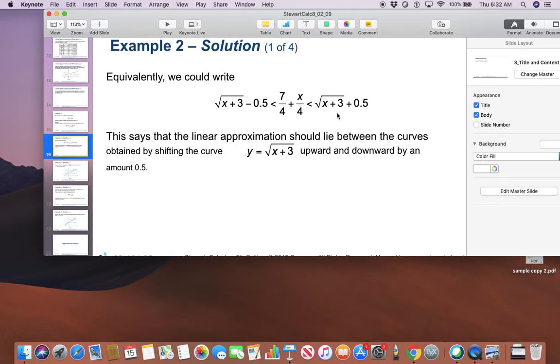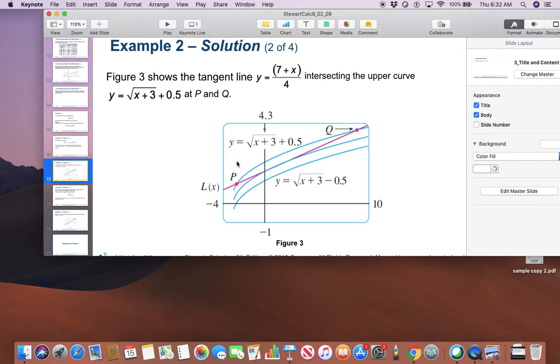That is, this is the actual value, and my approximation is allowed to go a little off on the left and a little off on the right, but it should stay within that range. That is, the linear approximation should lie between the curves obtained by shifting the curve upward and downward by just that much allowed.